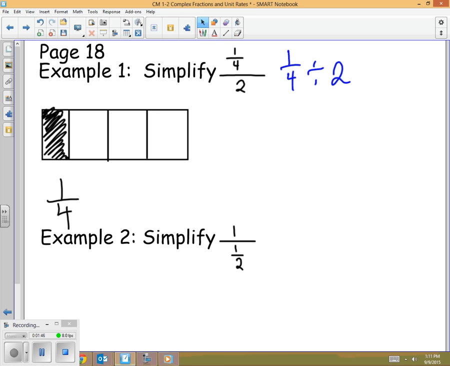Now, to complete this process, we need to divide it by 2. So to show this on our candy bar picture, I'm going to just cut this in half to create 2 equal groups. Now, if I start with 1/4 of the candy bar in black, and then I take that fourth and I share it with another friend, I've now cut it into 2 equal parts.